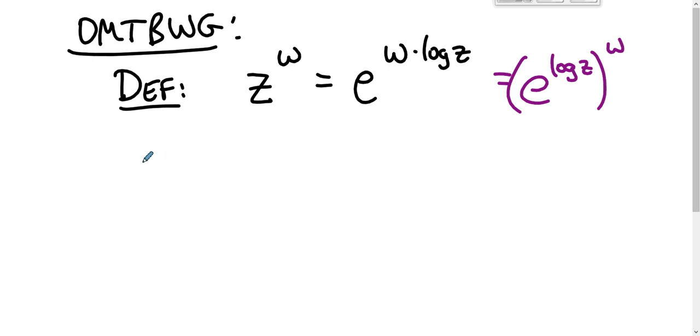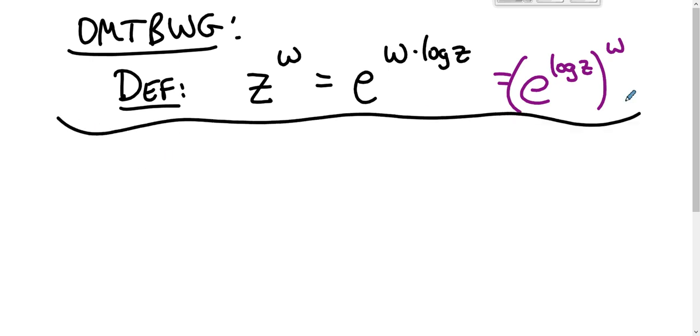So what if we're trying to do i to the i? Well, if we're trying to figure out what i to the i is, that's e to the i times the log of i.